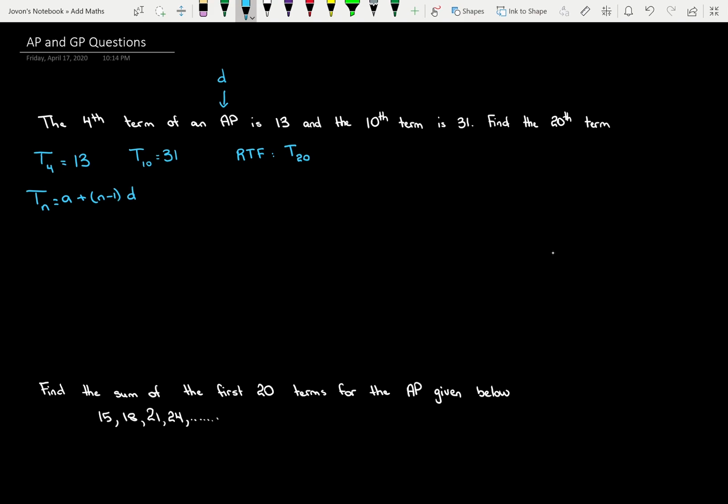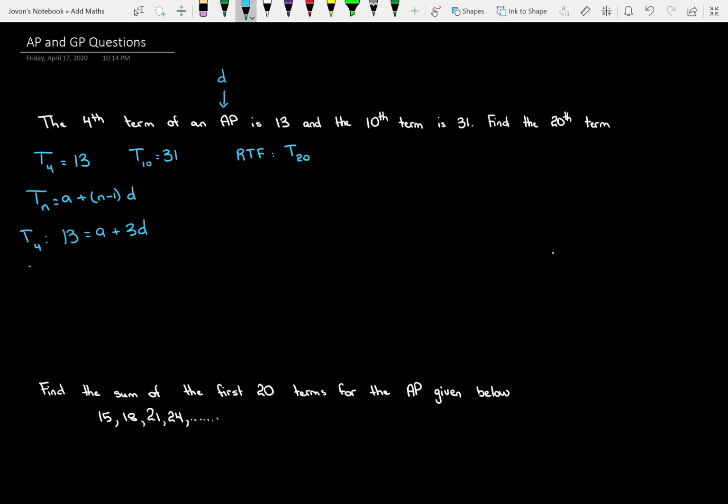So for the fourth term, let's deal with T of 4, okay? We know that T of 4 is equal to 13. So we say 13 is equal to a plus 3d. Remember it's n minus 1, so it'll be 4 minus 1, which is 3.